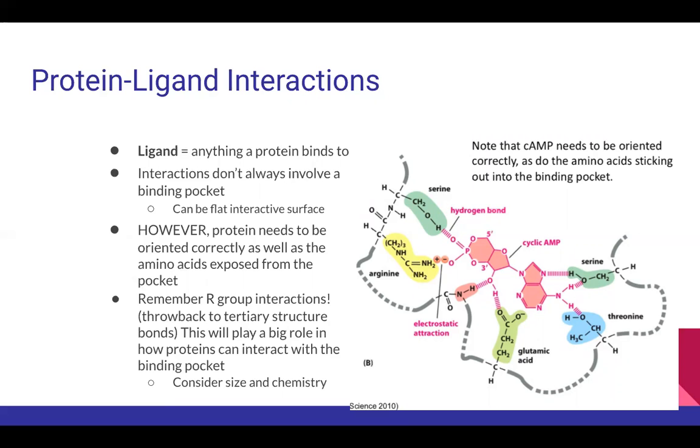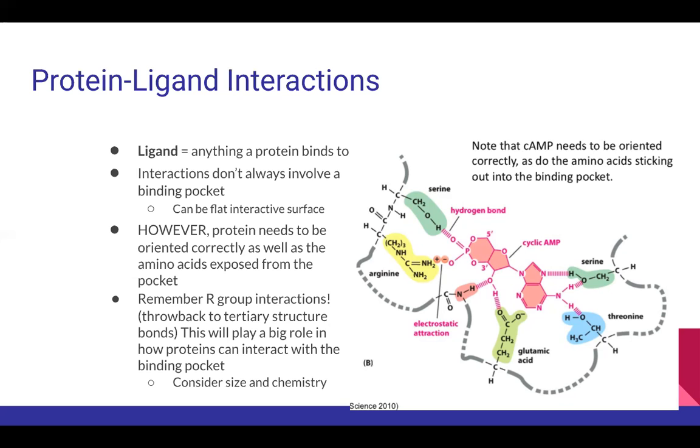Within the binding pocket, or however the protein binds to the ligand, the protein needs to be oriented correctly. And how it does its reaction is that the amino acids need to be exposed from the pocket. So remember the R group interactions we talked about; these play a role in how the proteins can bind in the binding pocket.